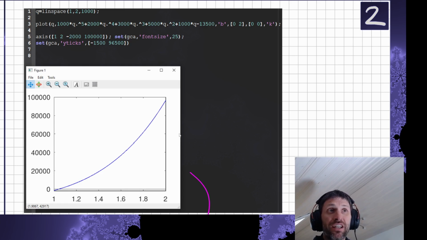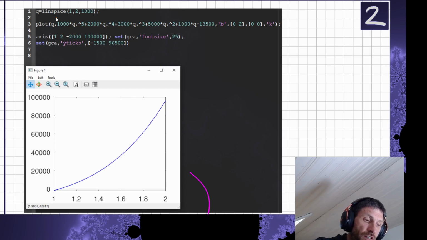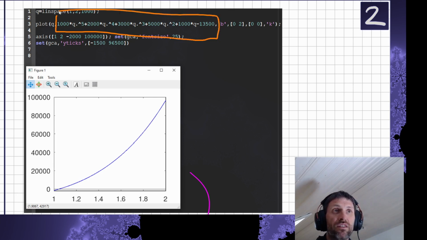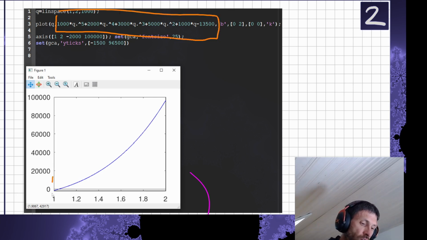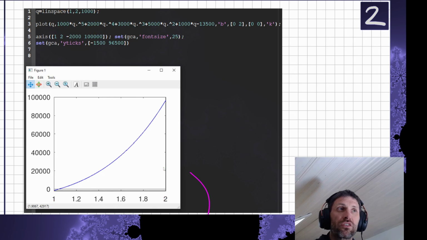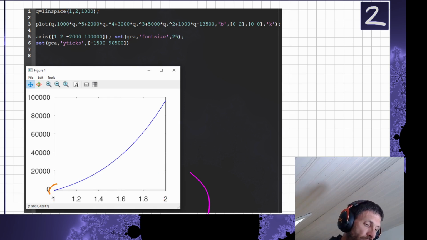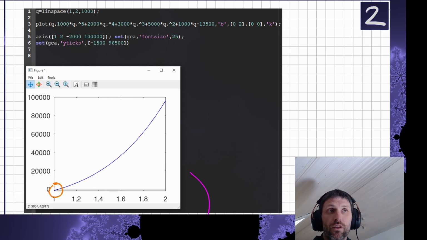Let's check the equation we started with, the equation of the bank account. This function is obviously monotonically increasing on the interval 1 to infinity, and we plot it on the interval 1 till 2. And what do we see? We are below 0 for q equal to 1, and we have more than 0 for q equal to 2.